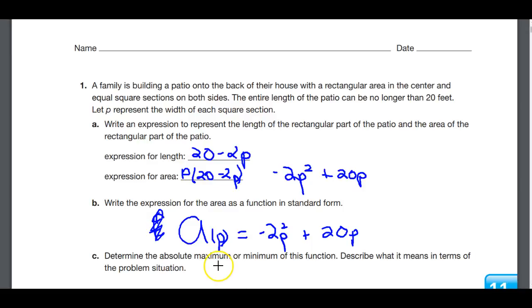Determine the absolute maximum or minimum of this function. Well, I'm going to plot it. That's how I'm going to find that. But I'm going to use f of x. So f of x is equal to negative 2x squared plus 20x, right?